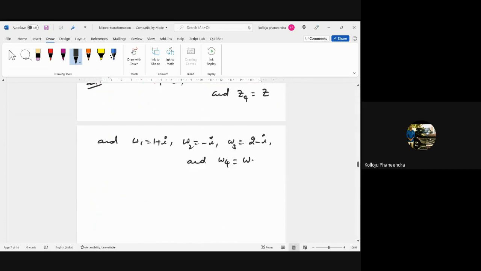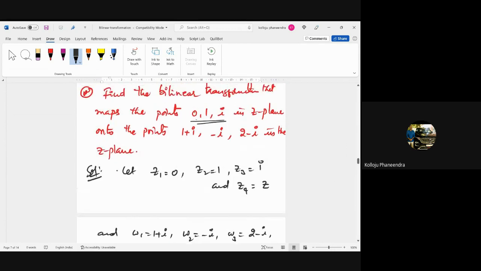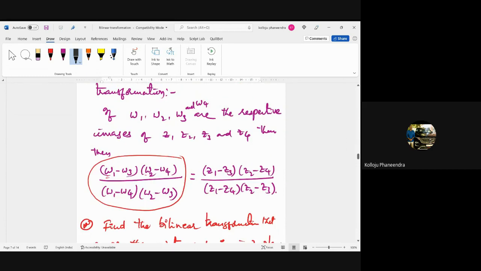Now write the cross ratio principle. One more important point for you: what I have written as the cross ratio principle, W1 minus W3, one can write in a similar way.